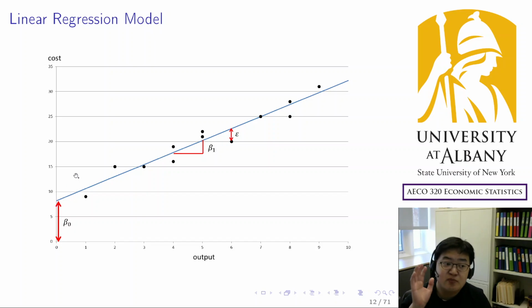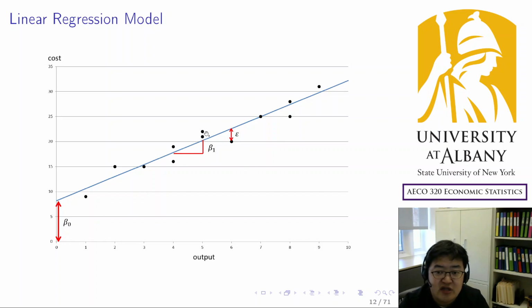Even if you do not produce at all, you still have to pay the fixed cost. That's this much, beta 0. That's the meaning of the intercept, the fixed cost. And the slope is beta 1. When you increase output by 1 unit, from 4 to 5, then y increases from here to here, and that ratio is the slope. That's beta 1.